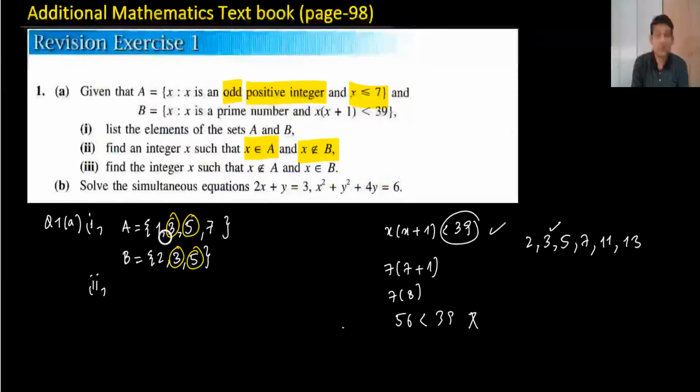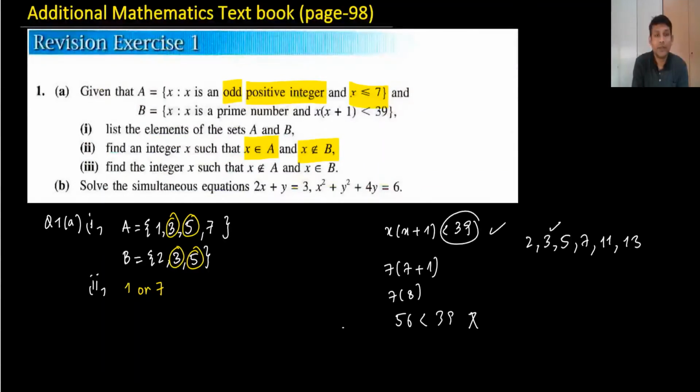We are talking about elements of A. 1 is not in B, 7 is not in B, so we write that the first element is 1, or it can be 7, because these two elements are in A but not in B.